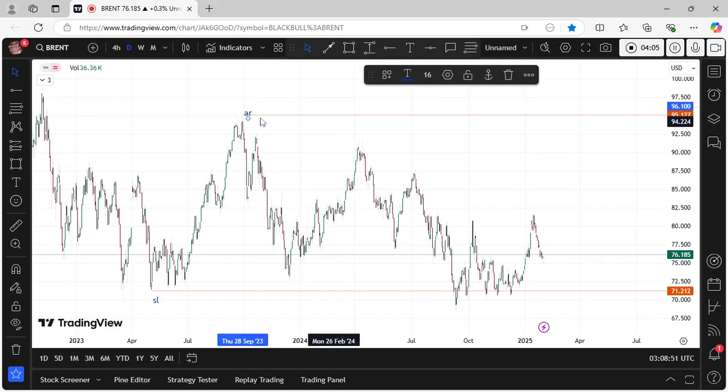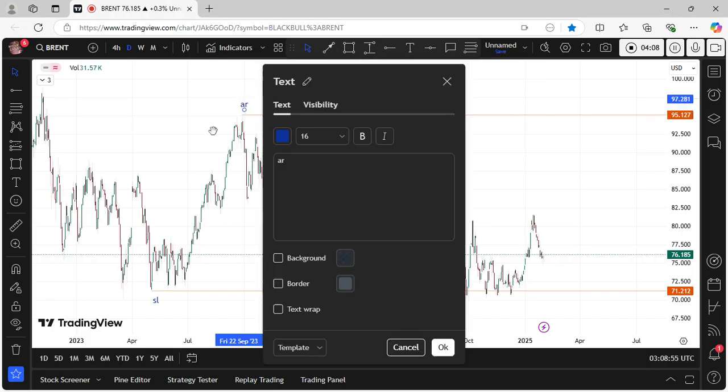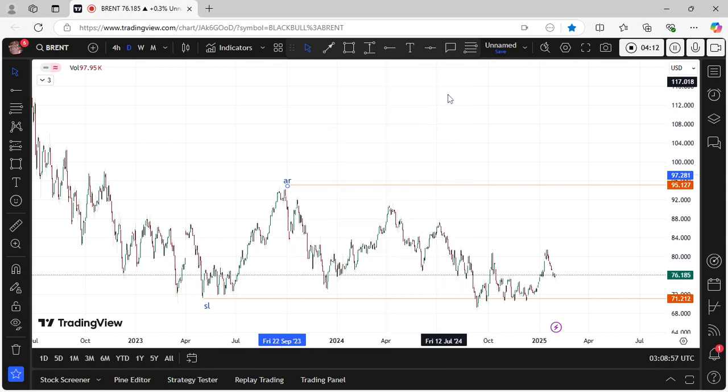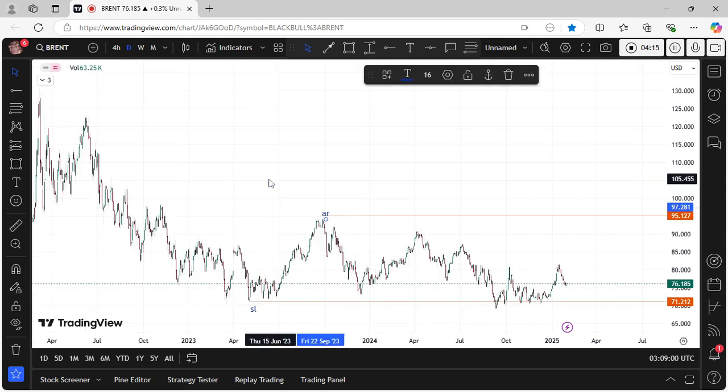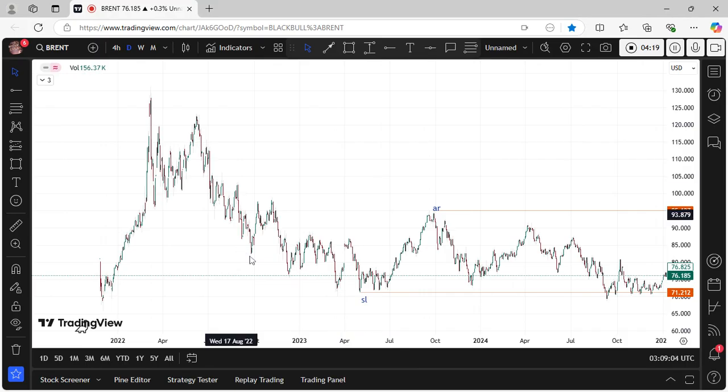Now look at this. I need you guys to see this. Price formed lower low, lower high, lower low, lower high, lower low. Now it came here and formed a lower low and lower high.